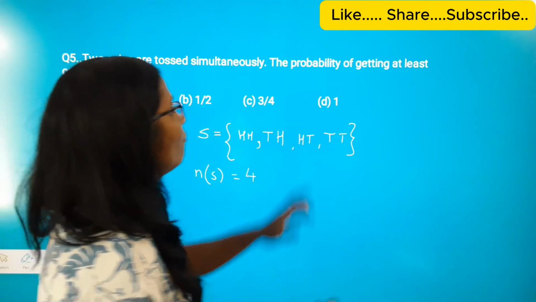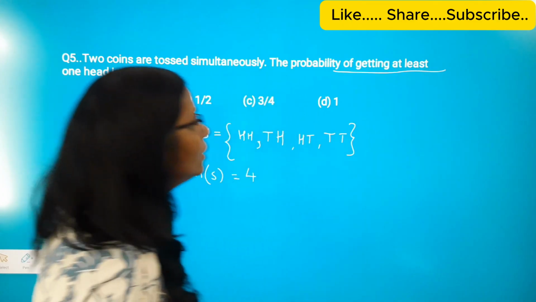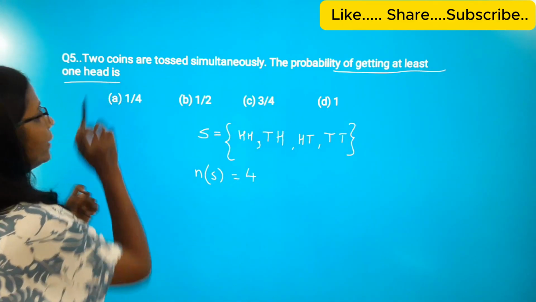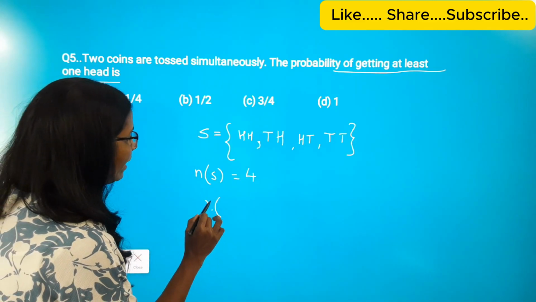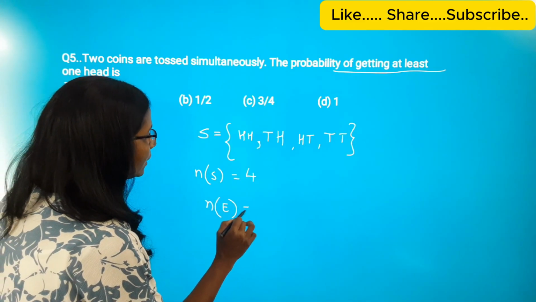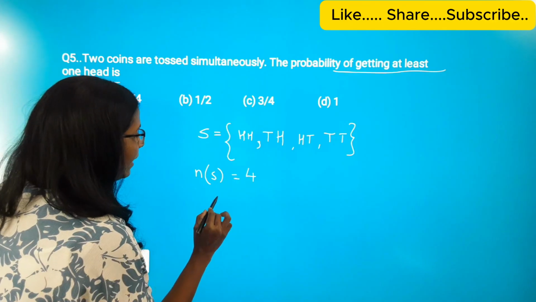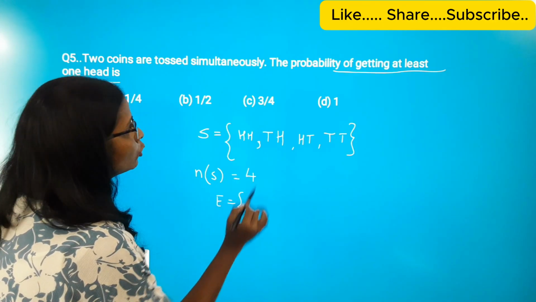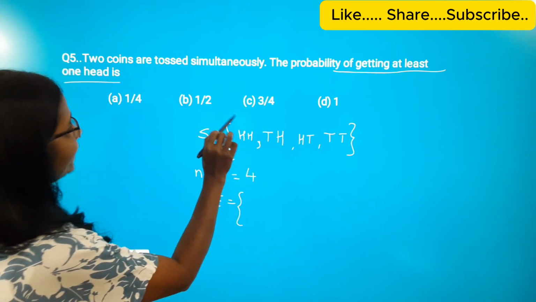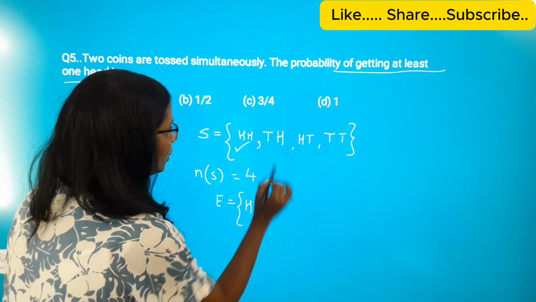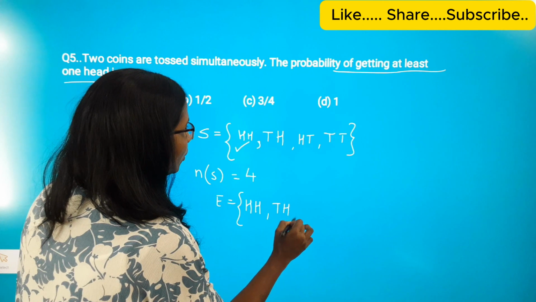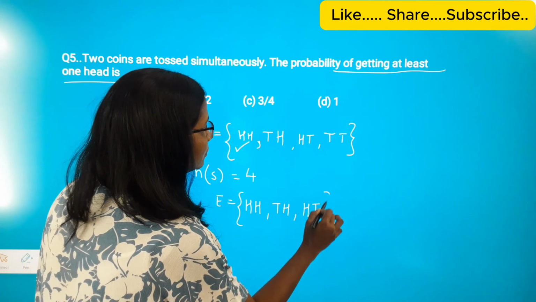Now here we want getting at least one head. That means the outcomes that form the event. Suppose the event E is getting at least one head, that means HH, TH, HT.